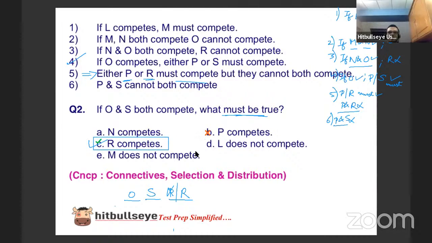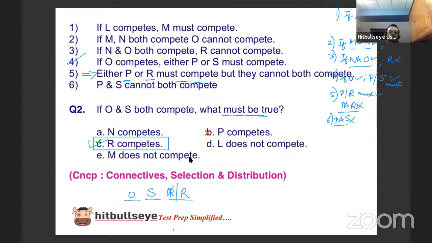बाकी सारी options, if I want to see for N, we can do that, कि और क्या combinations बन रहे हैं. But in my observation, I should limit my analysis with respect to the options. I should not go beyond these options. That is a waste of my time. आपके पास 30 सेकंड से भी कम टाइम होगा सॉल्व करने के लिए क्वेश्चंस को.